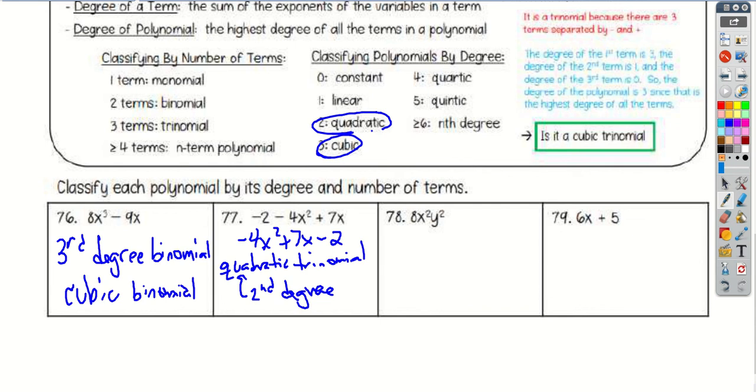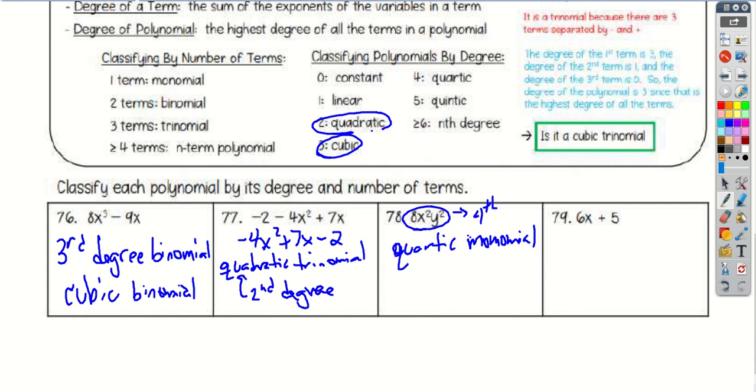This is a monomial because there are no plus or minus signs. We're going to add together the exponents to get 4. So a fourth degree is considered to be a quartic. We would say that this is a quartic monomial. And if you wanted to use fourth degree instead of quartic, that's fine.